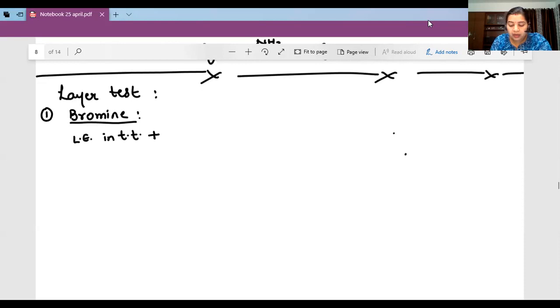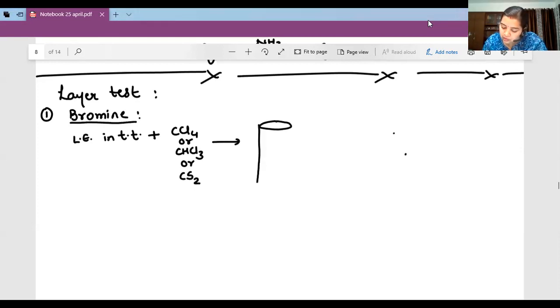To it, I will add either CCl4, or you can add chloroform, or you can add CS2. Any of the three, whichever is available in your laboratory. The purpose is just to form an organic layer. Now let me tell you how it will appear in the test tube. If this is my test tube, I have made it too thick. Let me make it a little thinner.